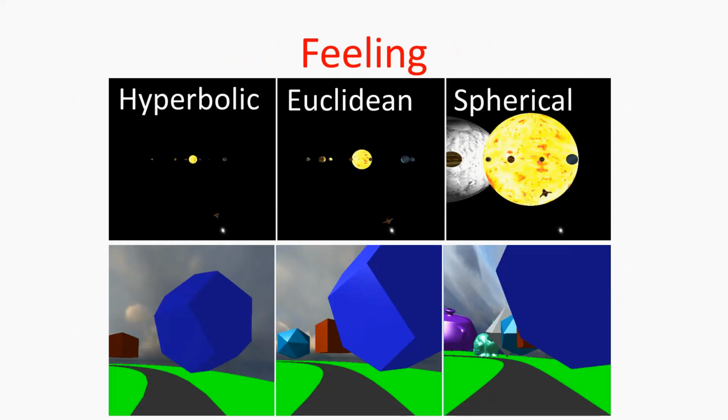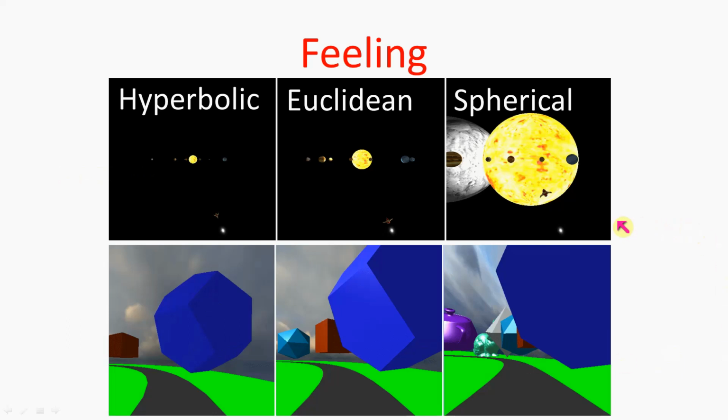These geometries have their special feeling. In Euclidean geometry, visibility rays emanated from the eye diverge. That's why objects which are farther away look smaller. This is a normal perspective. In hyperbolic geometry, these rays are hyperbolas, so they diverge even faster. As a result, objects that are far away look even smaller than in Euclidean geometry.